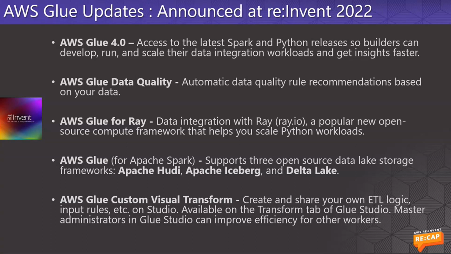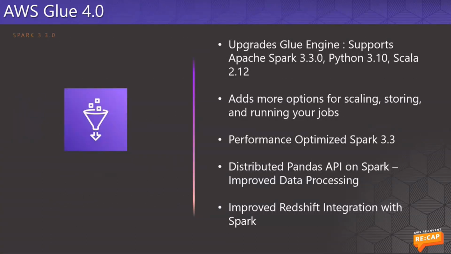And we will understand how it works in detail. One of the major announcements was version 4 of the AWS Glue engine that was announced at re:Invent. This brings us support for Apache Spark 3.3, which is the latest version, and support for Python 3.10 and Scala 2.12. The optimizations available for performance of Spark distributed data processing are much improved here.